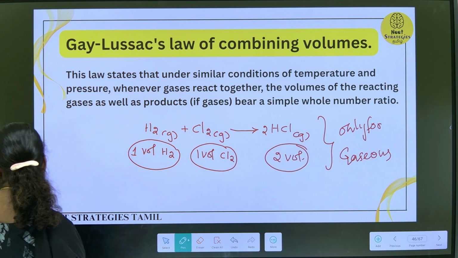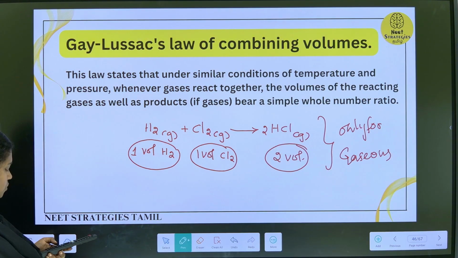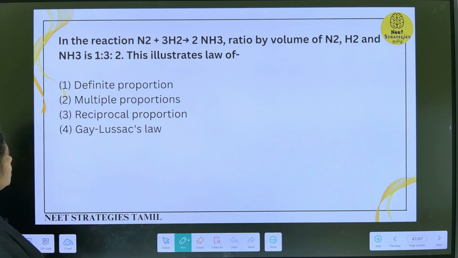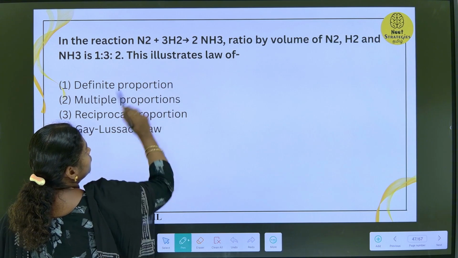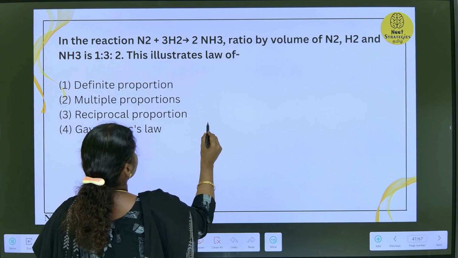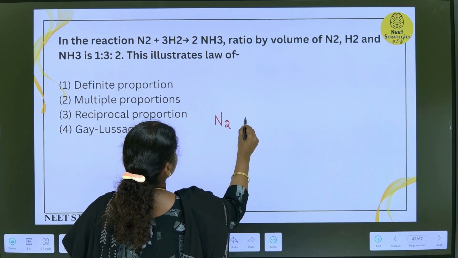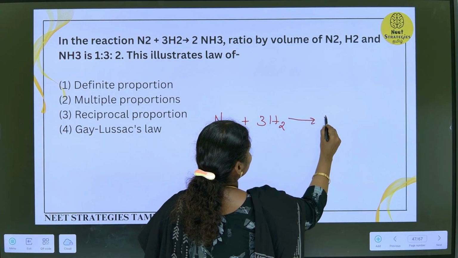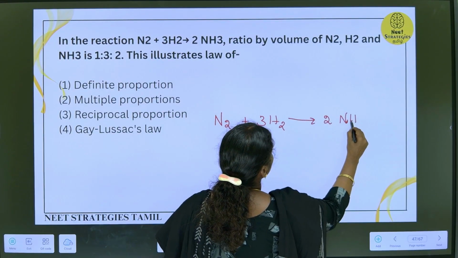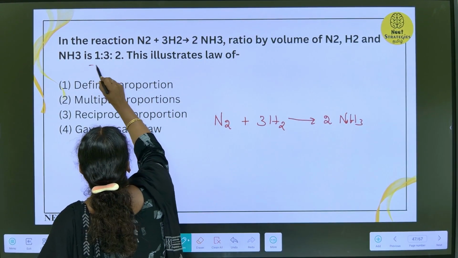This is Gay-Lussac's law. Look at this case: nitrogen combined with hydrogen to form ammonia. They have already given 3 moles of hydrogen, forming ammonia. The ratio is also given, 1:3.